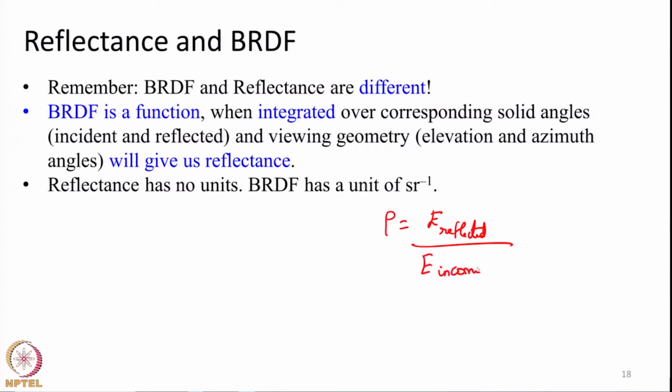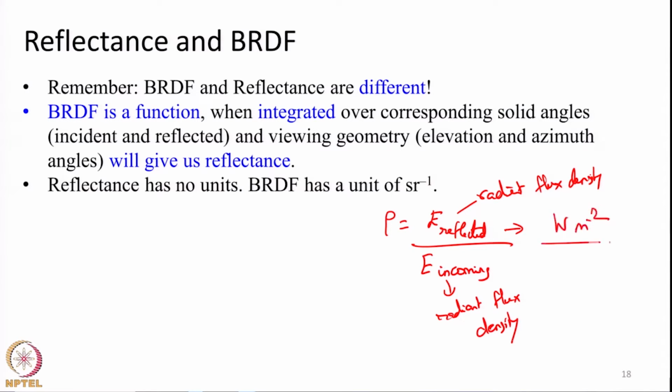So, both the terms are radiant flux density. Essentially this is watt per meter square units, this is watt per meter square units, they cancel out each other and reflectance has no units.